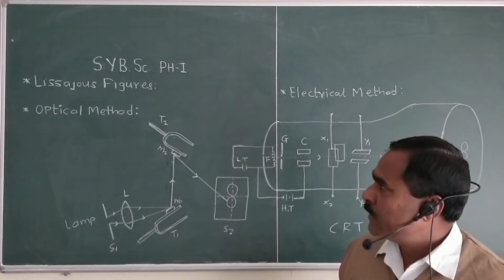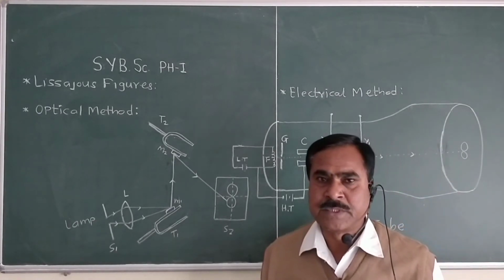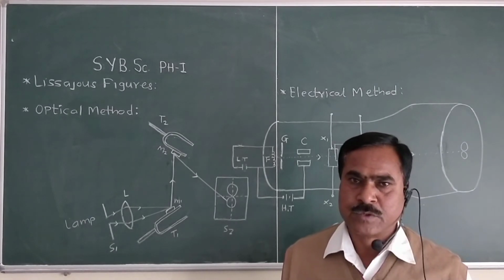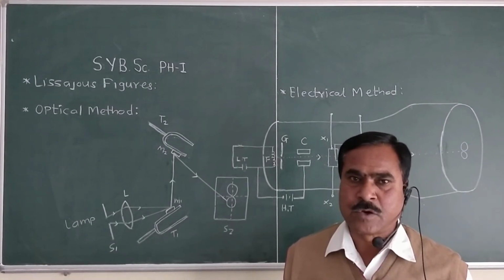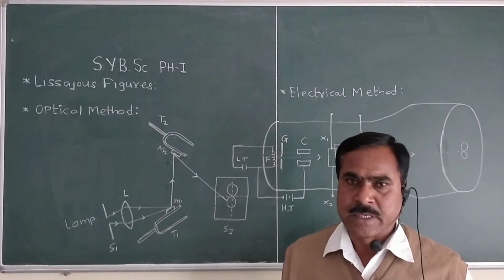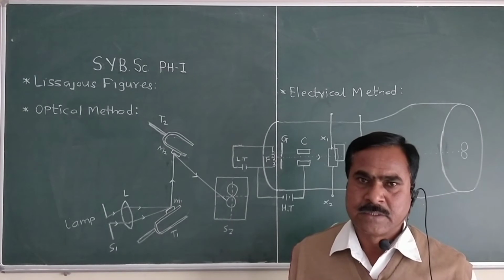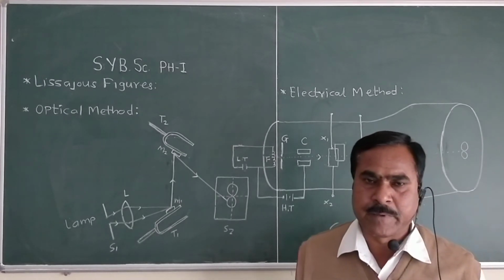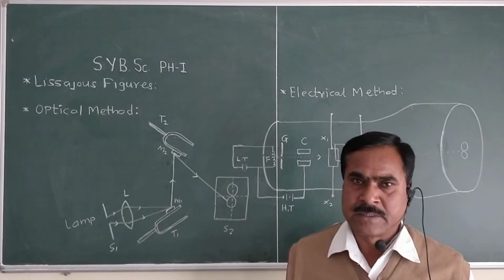Now we see the applications of these Lissajous figures. The Lissajous figures are used to compare the frequencies of two AC signals with the help of a CRO. That means when we know the frequency of one signal, we can determine the frequency of the other signal.